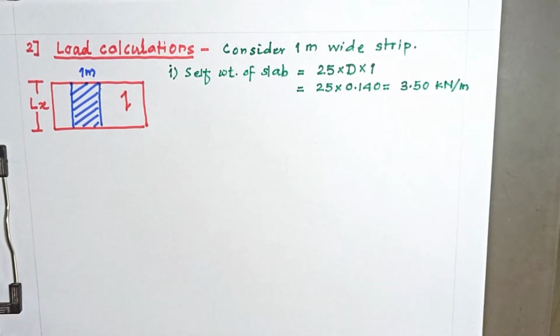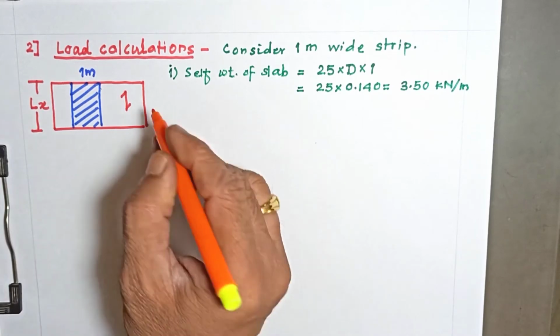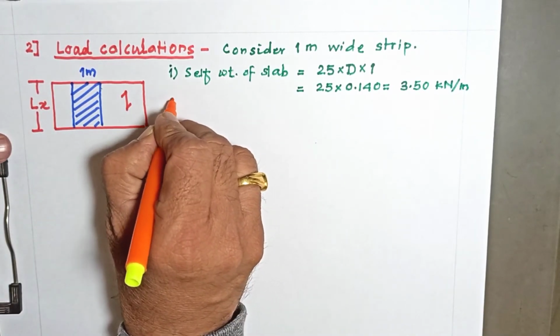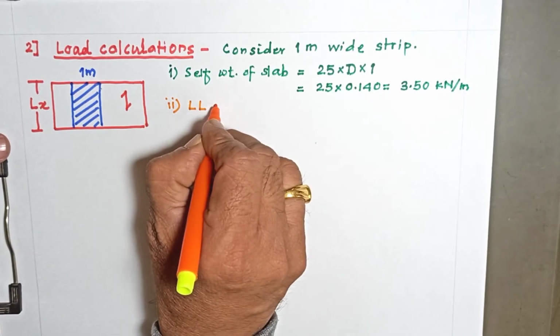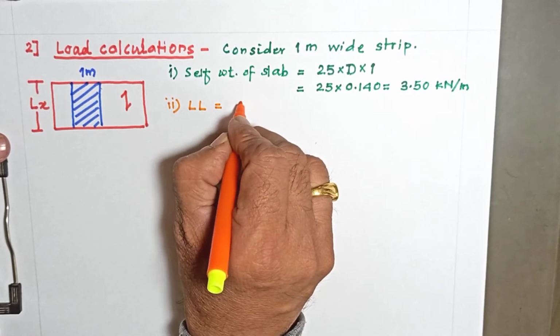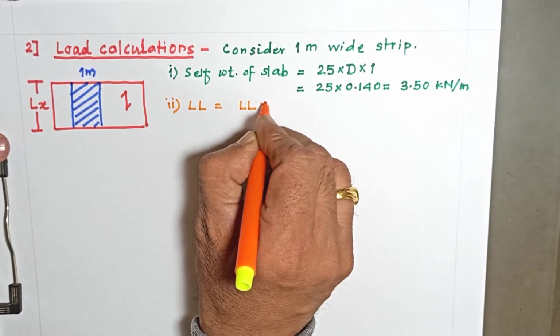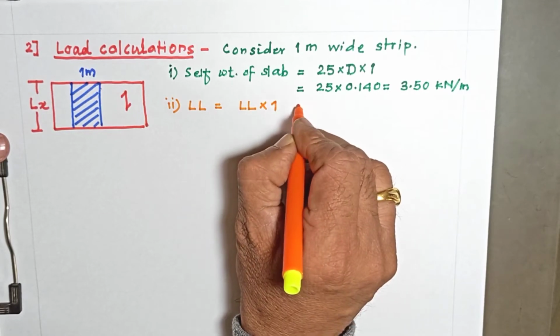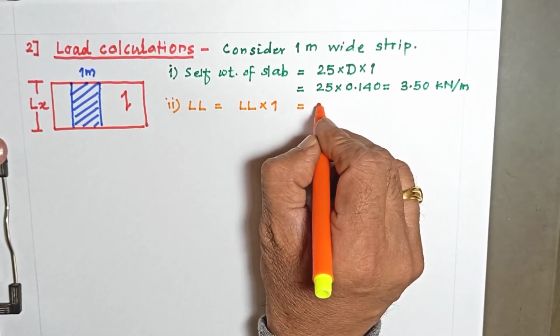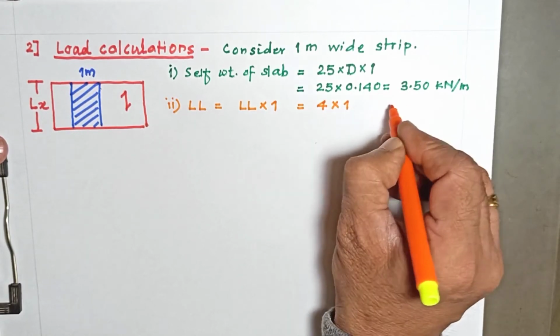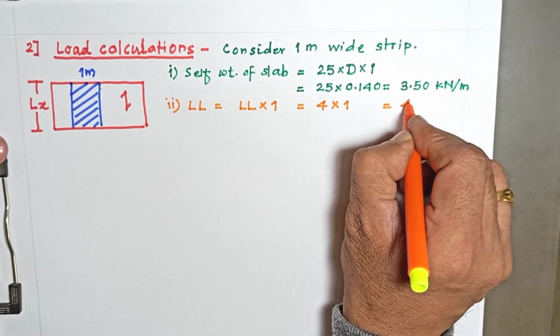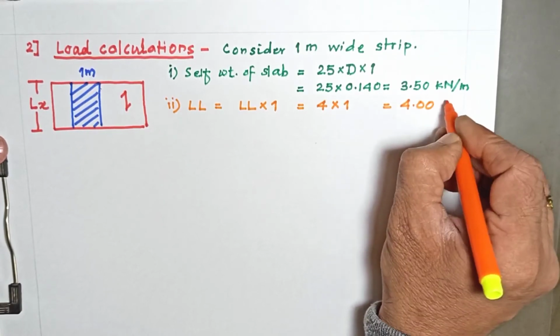Okay, so this is self weight of the slab. Now second one, live load. Now live load can be calculated as intensity of live load multiplied by 1, because we are considering 1 meter wide strip. Now intensity of live load is given as 4 kilonewton per meter square into 1 will become 4 kilonewton per meter.